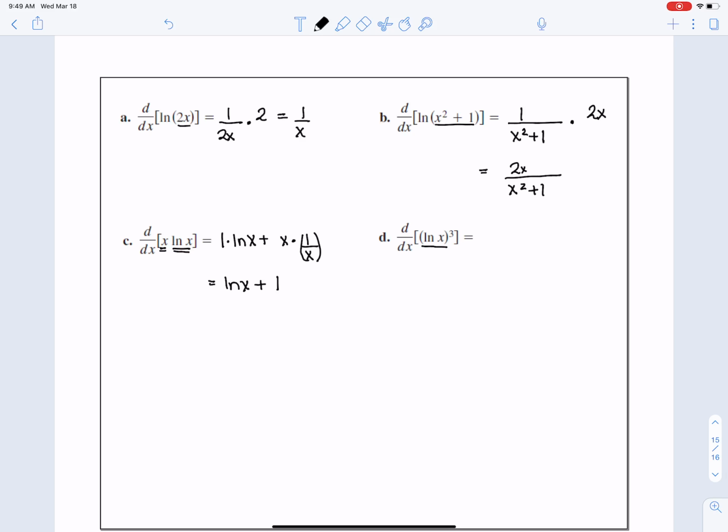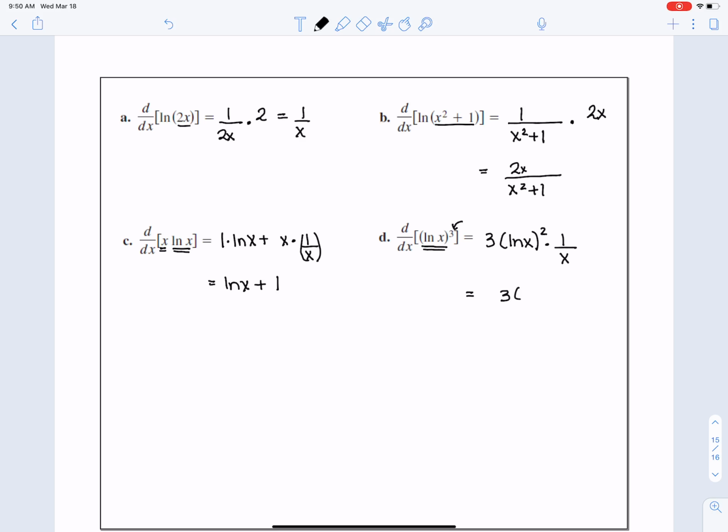Ln of x, all cubed. I look at my outer function, so this is something to the power of 3. So when I do the derivative, I get 3 times something to the power of 2. I've dealt with the outer part of the function, which is the cube. And now I'm ready to differentiate the inner part of the function, which is ln of x. The derivative of ln of x is 1 over x.